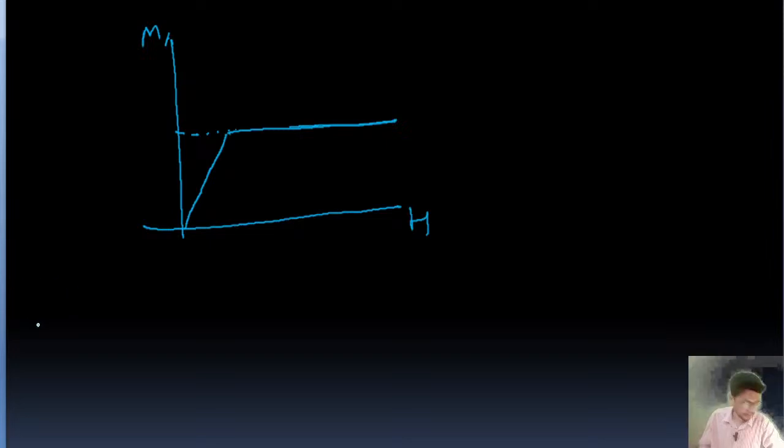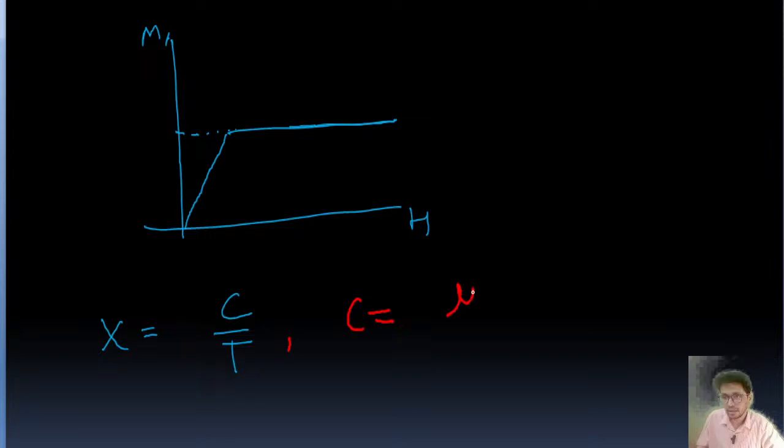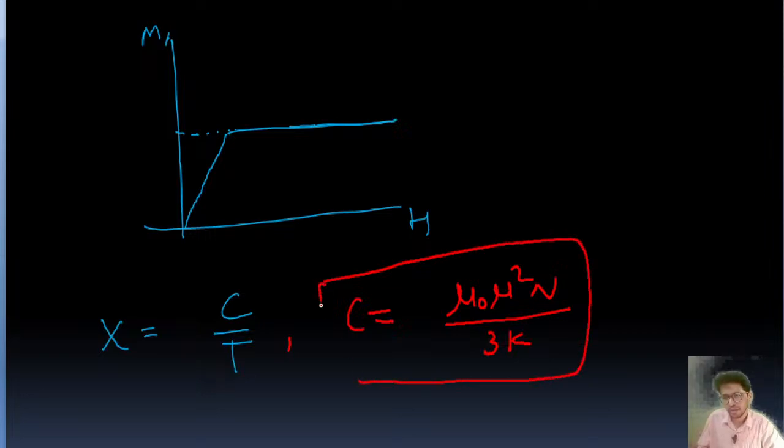For paramagnetic substances we know chi equal to C upon T, where C is the Curie constant. This is important. The value of C is very important: mu 0 mu square n upon 3k. We can derive it by quantum theory as well as classical theory.